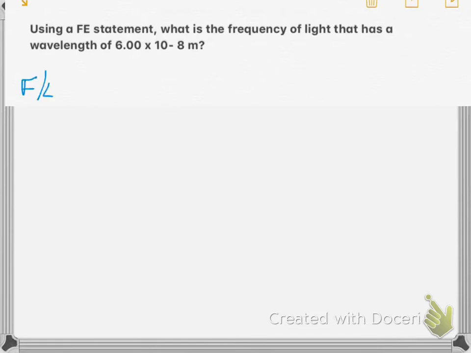For every 3.0 times 10 to the 8th meter, there is 1 hertz.